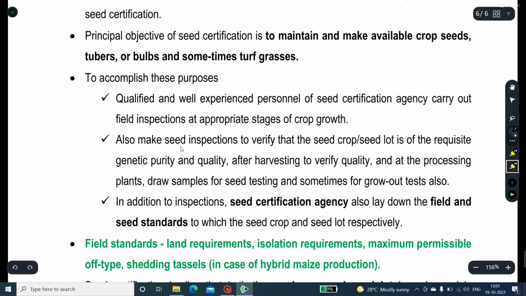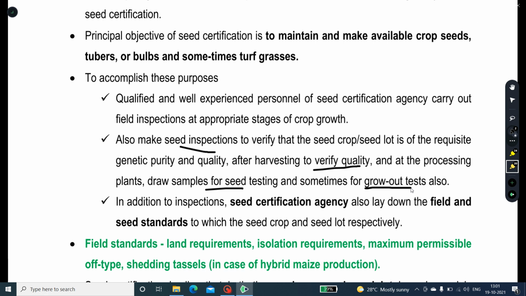And also they make seed inspections to verify that the seed crop or seed lot is of requisite genetic purity and quality, and after harvesting to verify quality at the time of processing, and draw samples for seed testing and sometimes for grow out test also.